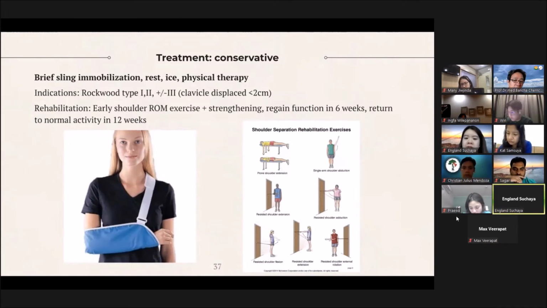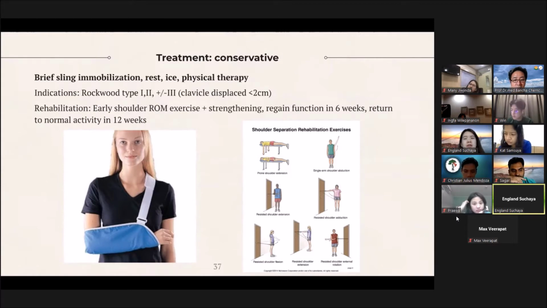So as I have told you, conservative treatment is indicated when, for example, there is a Rockwood type 1 or 2, or if it's not yet chronic. So basically, the cutoff point is within 3 weeks.